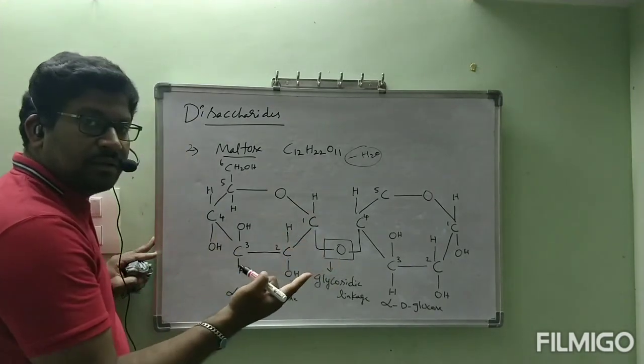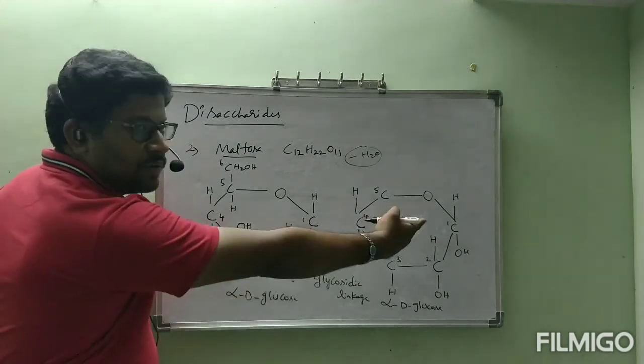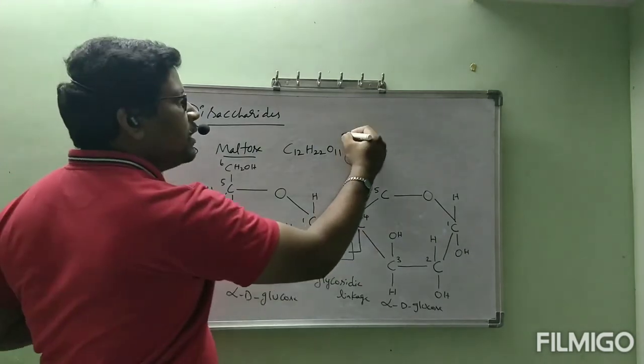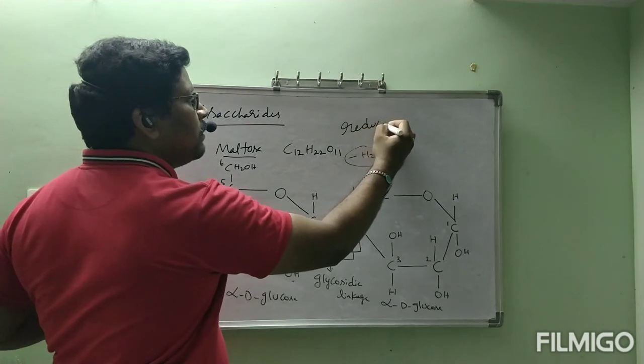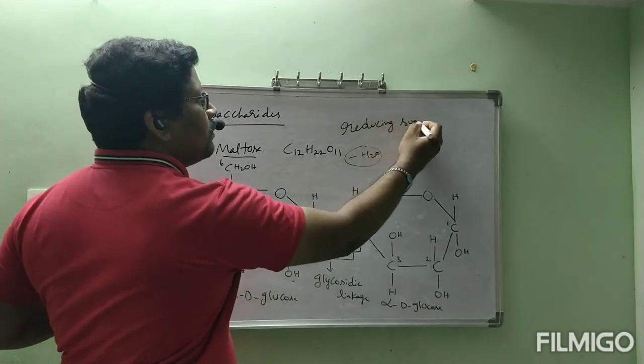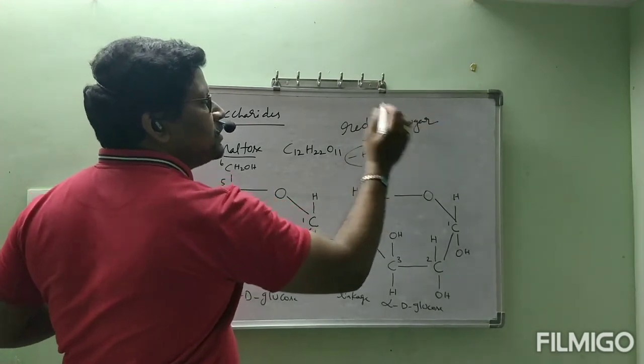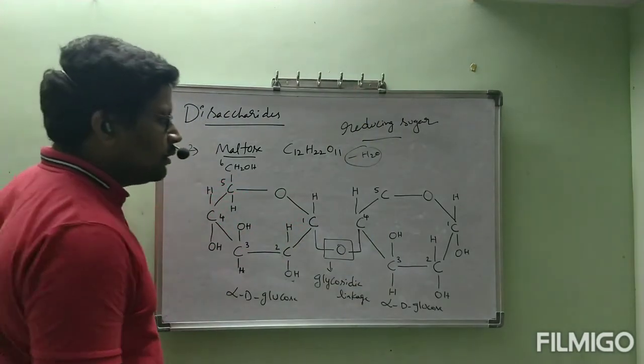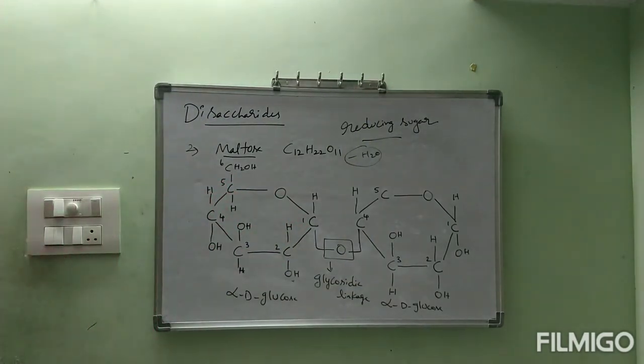Is it correct? Okay, it is free only. Then this is a reducing sugar. This is the structure of maltose, coming under reducing sugar.